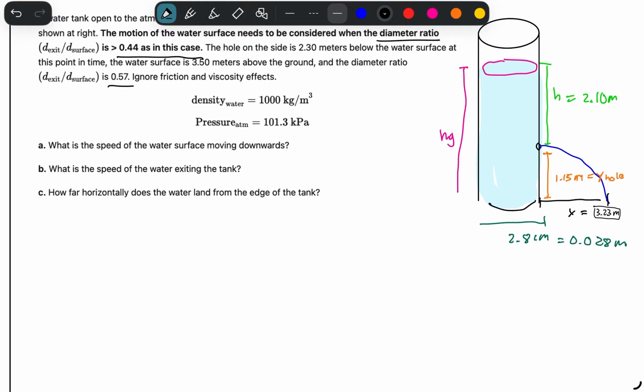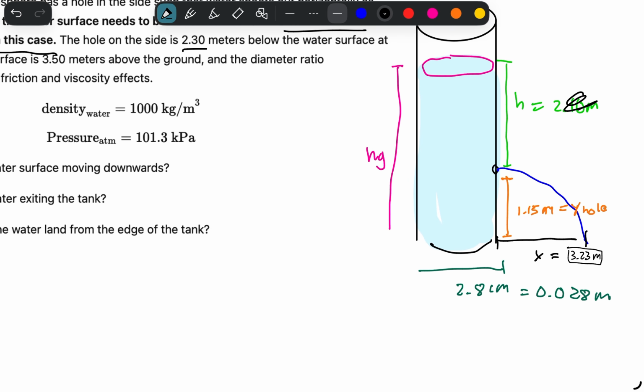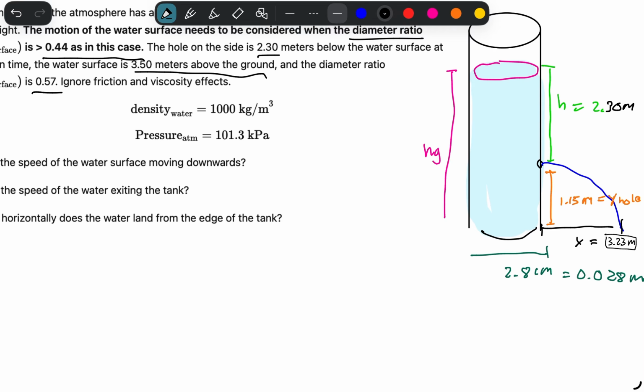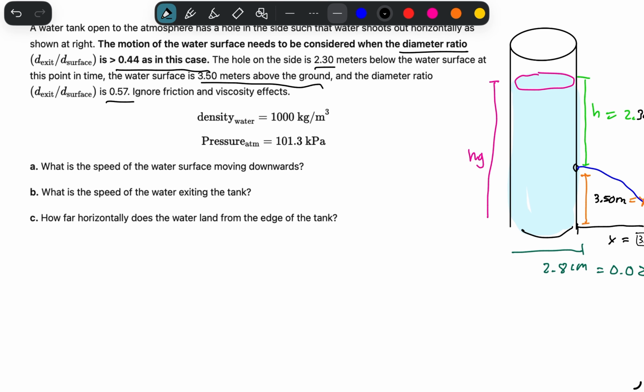Here it is greater than 0.40. It's actually 0.57. The hole on the side is 2.30 meters below this water surface. So we have that this is 2.30 meters. And then it's 3.50 above the ground. So this is 3.50 meters above the ground.